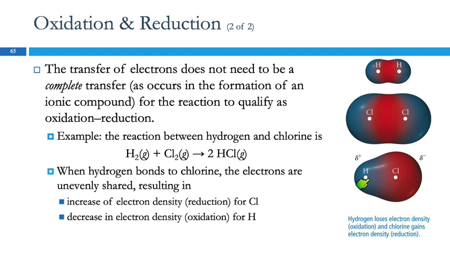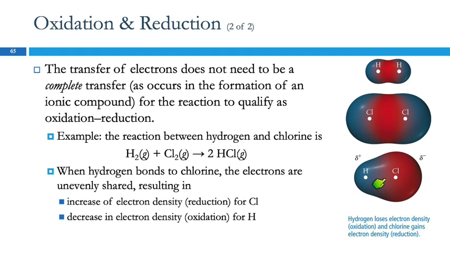In the HCl molecule, the chlorine is more electronegative than the hydrogen, and so it kind of pulls the electrons away, kind of like hogging the blankets when you're sharing a bed with a sibling, right? Chlorine's the blanket hog, and so it's pulling the electrons away. This end is partially negative, this end is partially positive. So oxidation reduction has occurred here, it's just not a complete transfer.